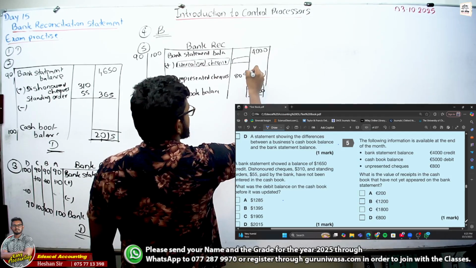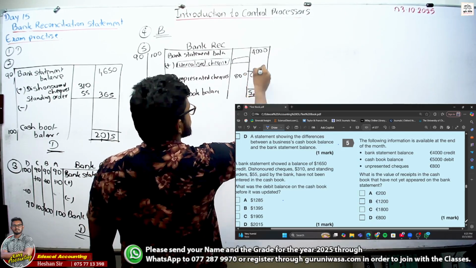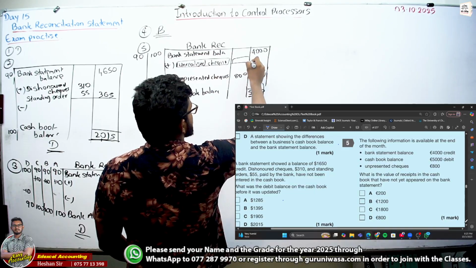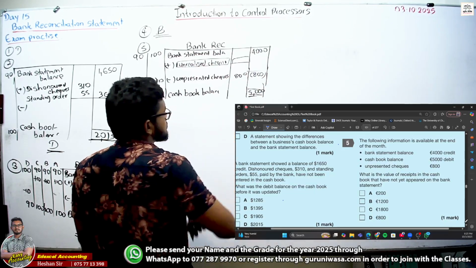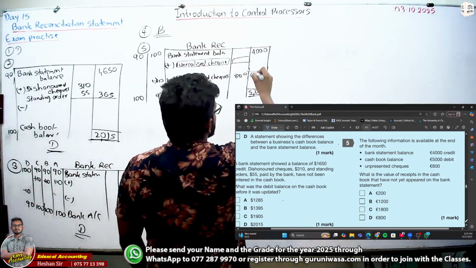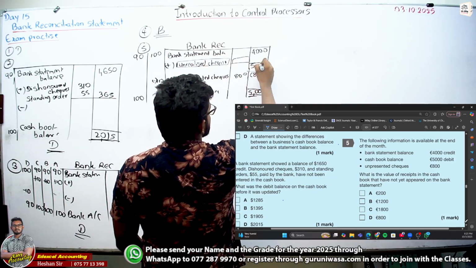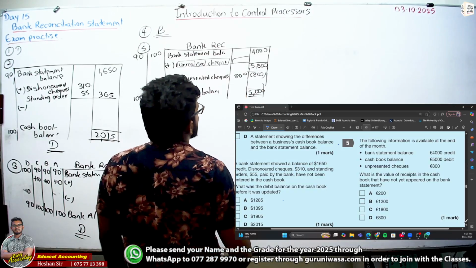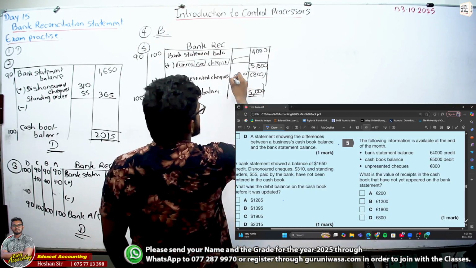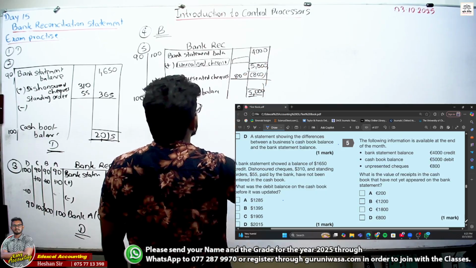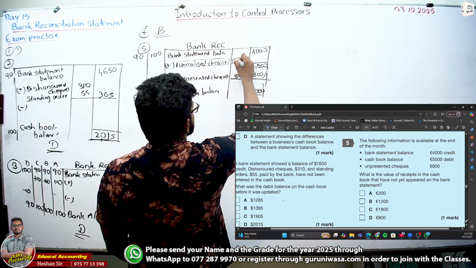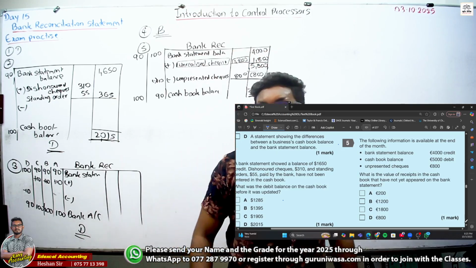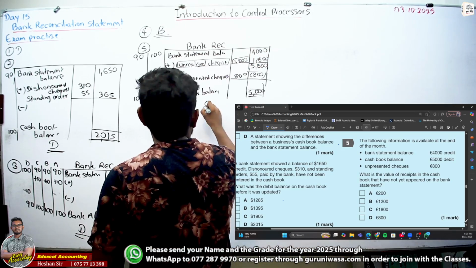We need to go from down. Here it is 5,000, 5,800. 5,800 minus 800. Then this value is how much? This value you can see is 4,800. 1,800. That is the answer. 1,800. See, we go from the down.